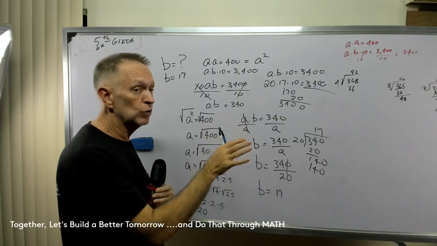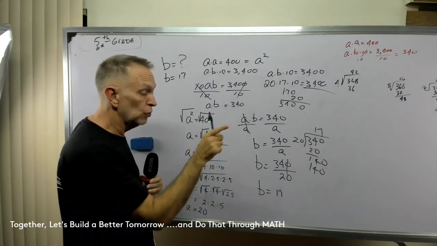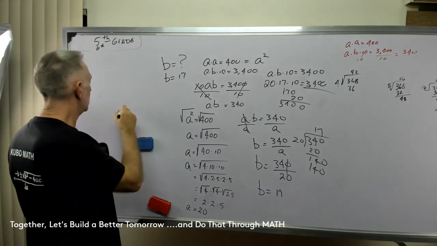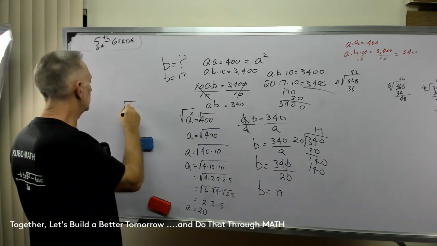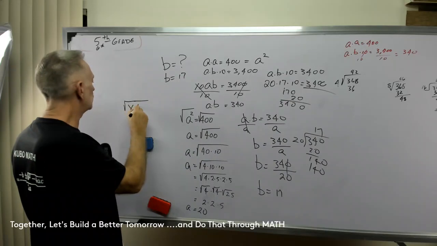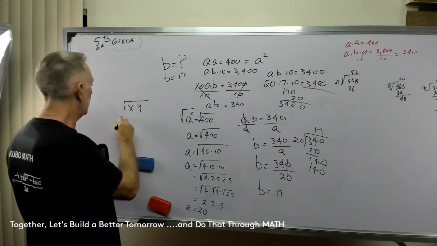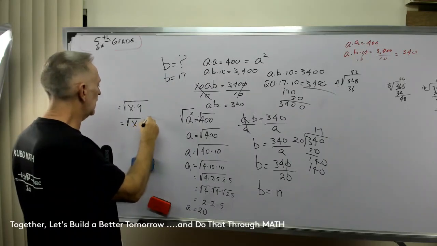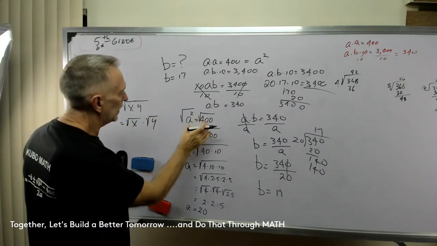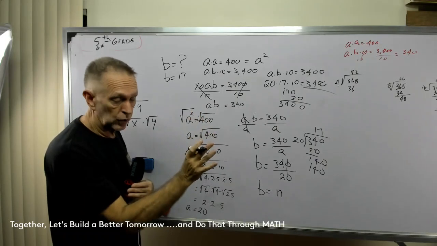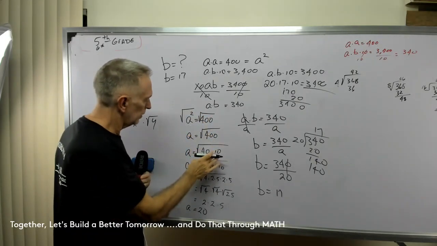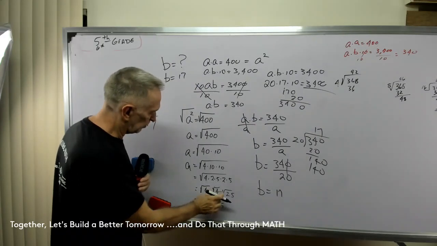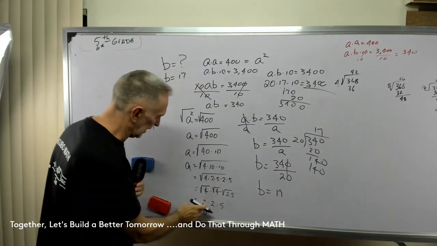Okay, what did we use here? We used a concept, a new rule maybe for you: the square root of x times y can be broken out as the square root of x times the square root of y. That allowed us to factor that 400 and break it down into various pieces, take the square root of each piece.